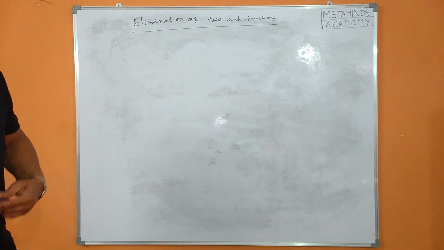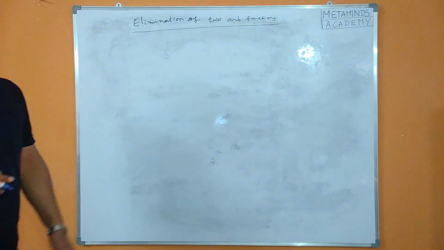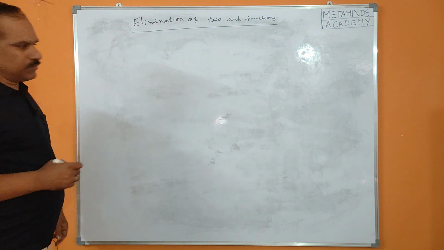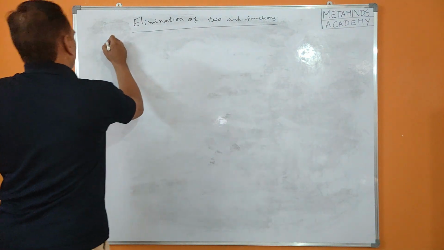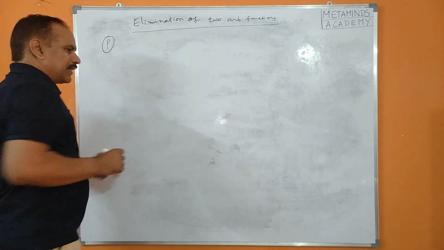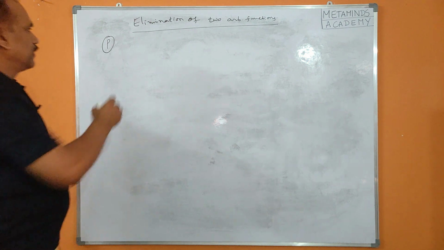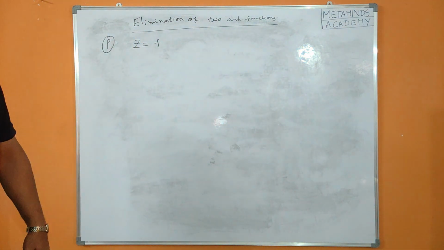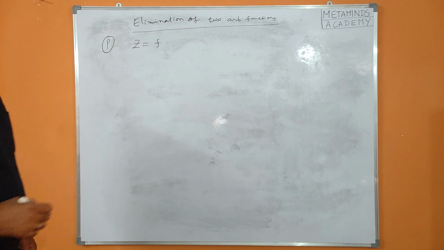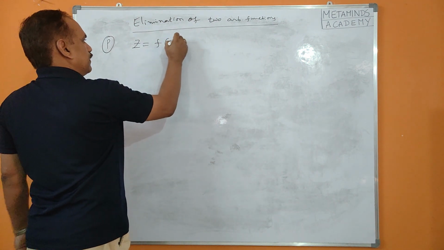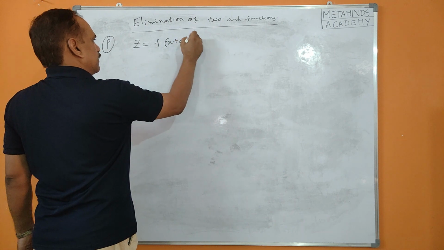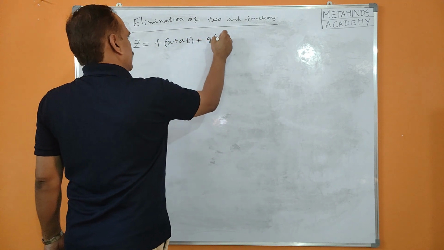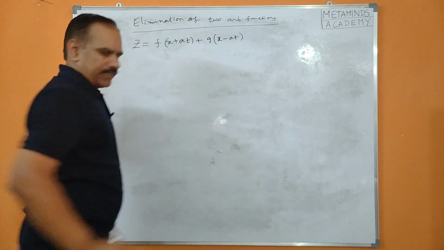Okay. For example, let us go directly to a problem because there is nothing new in this. We just take two functions in place of one. f of x plus at plus g of x minus at.